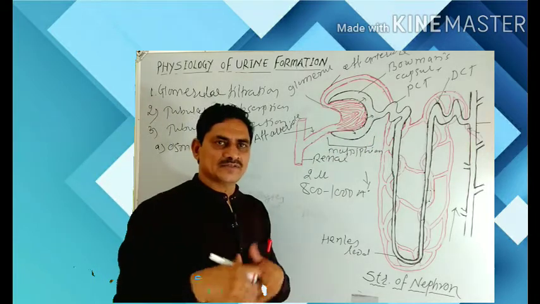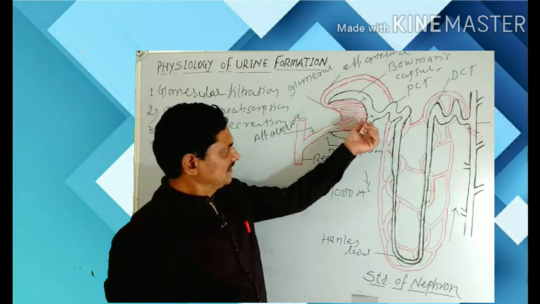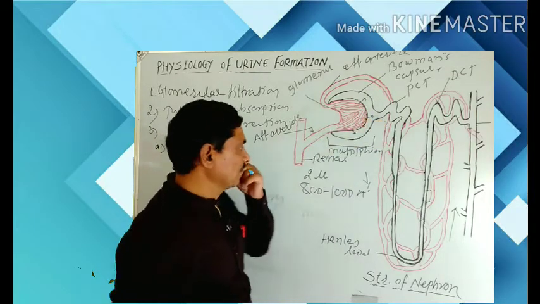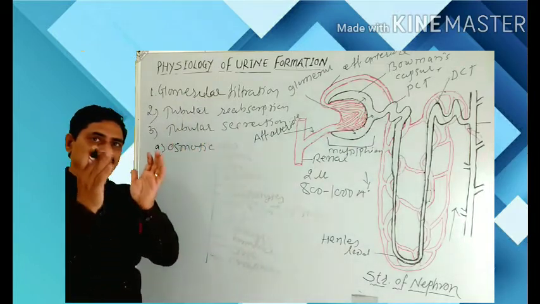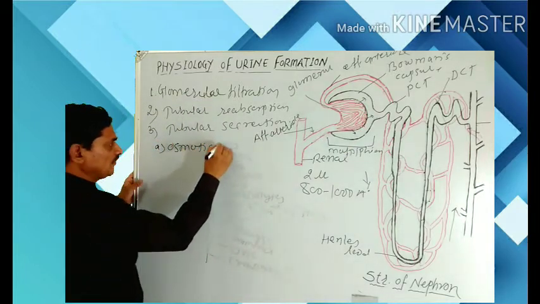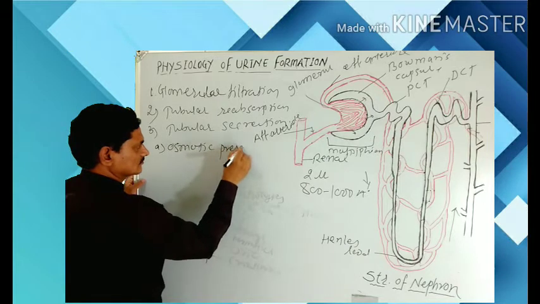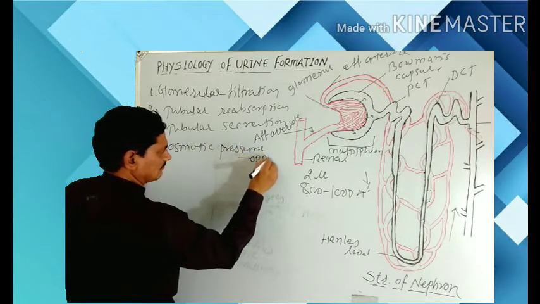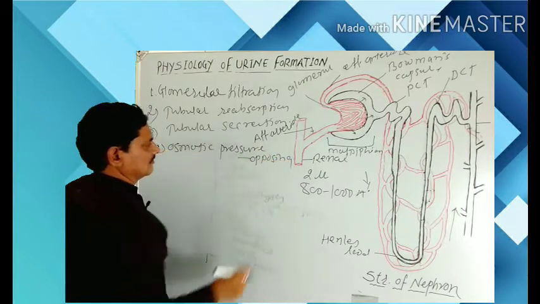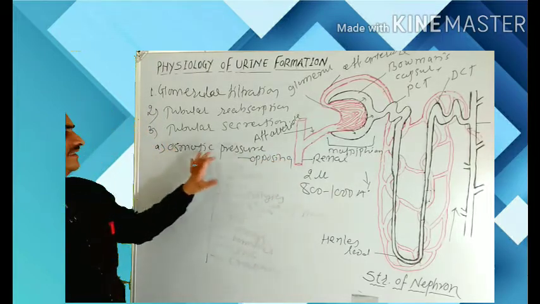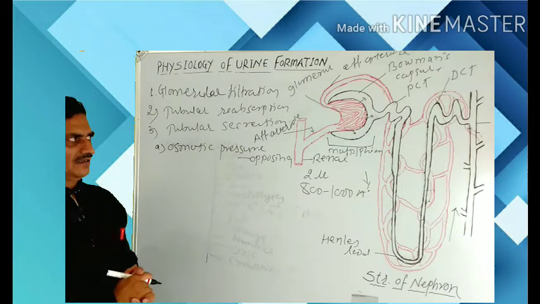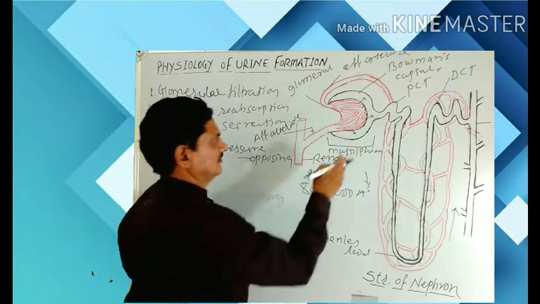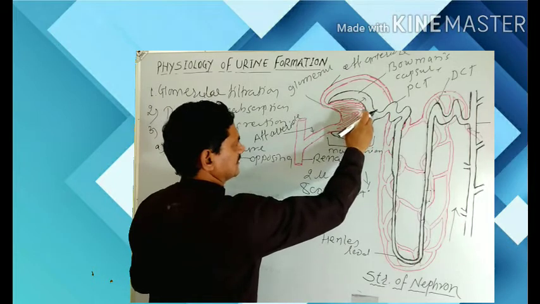The colloidal substances which are present in these blood capillaries and the lumen exert a pressure. This osmotic pressure is an opposing factor, which opposes the filtration from this region.